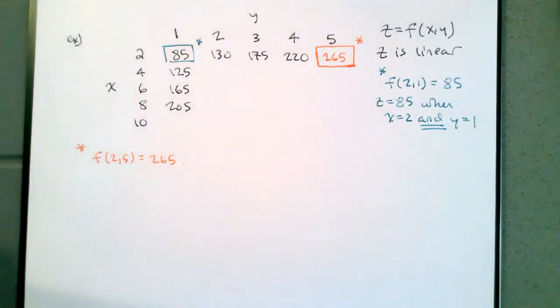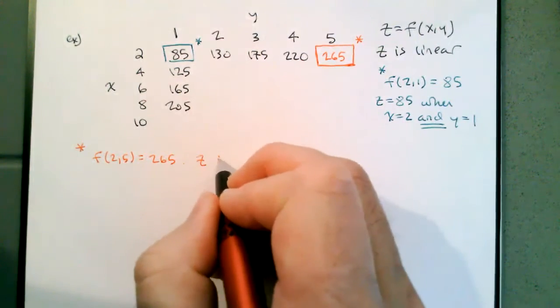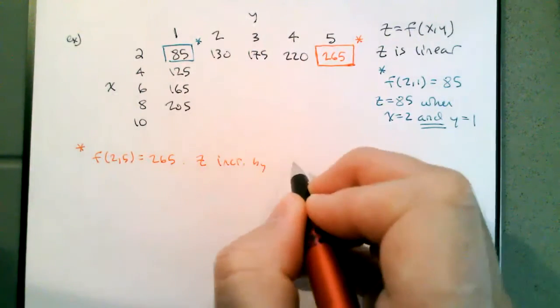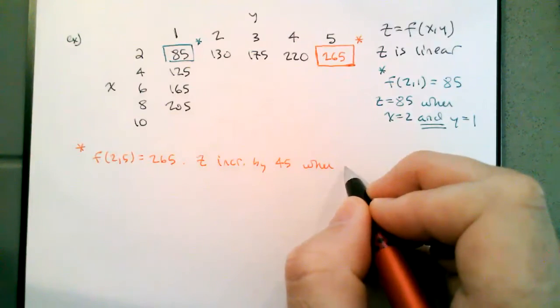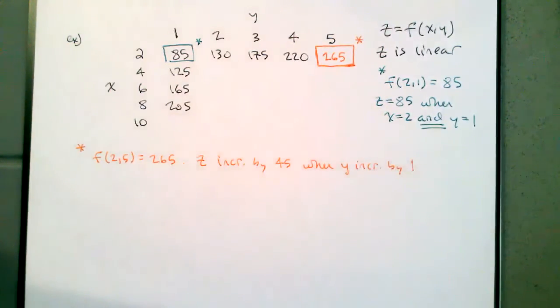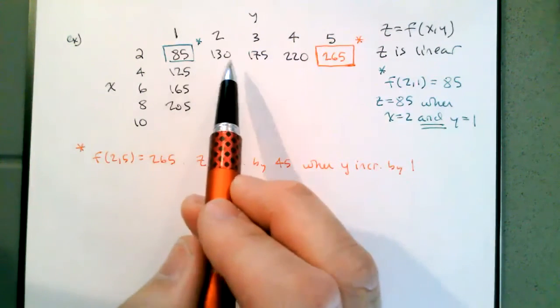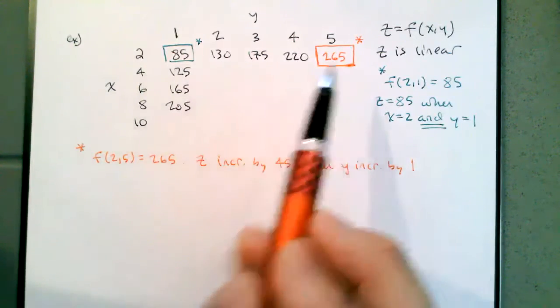And the way that we can determine that is that z is increasing by 45 when y increases by 1. We're looking at the constant rate of change going across this row. This is what's happening when x is equal to 2.